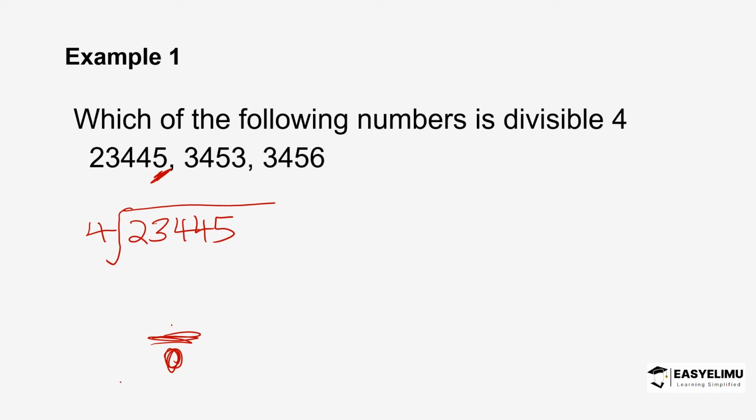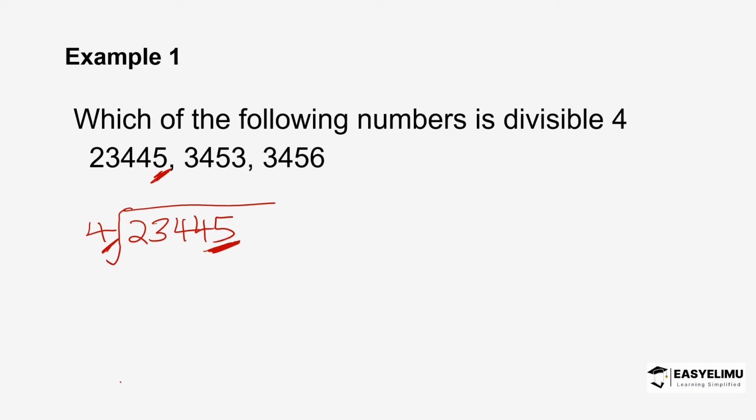If the remainder is not 0, then the dividend is not divisible by the divisor. In this case, if you use the test, the last two digits form the number 45, and 45 is not really divisible by 4. So we want to see whether that can be confirmed with the long division method.